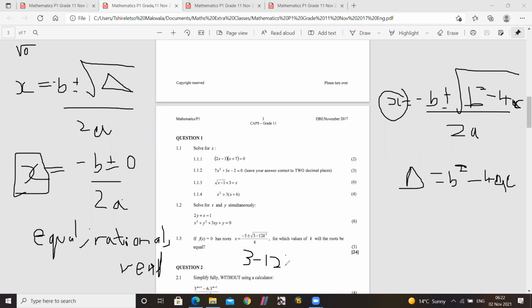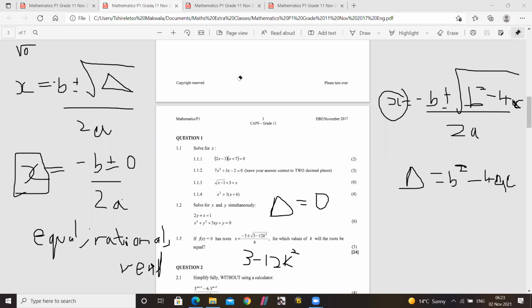But you can just show them firstly by saying that for roots to be equal, delta must be equal to 0.